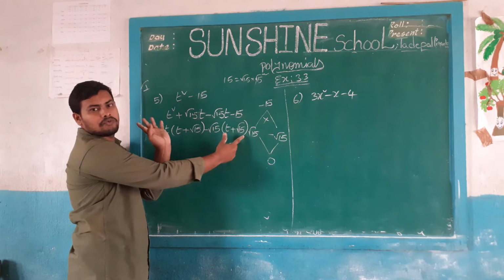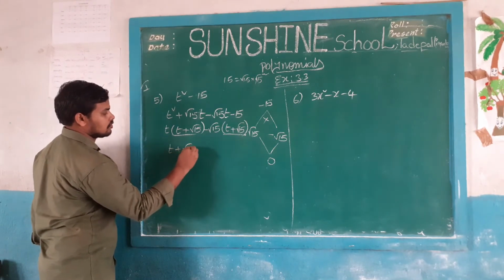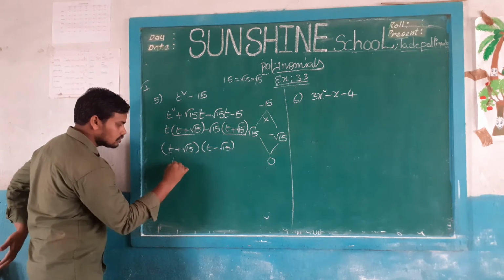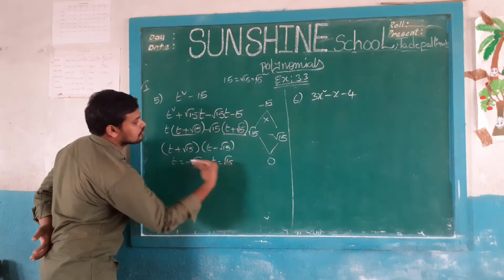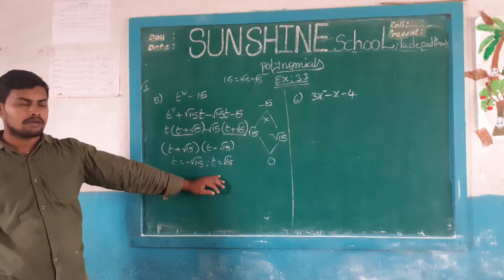Now what is the common term here? t plus root 15 and t minus root 15. So t value is minus root 15, and t value is root 15.